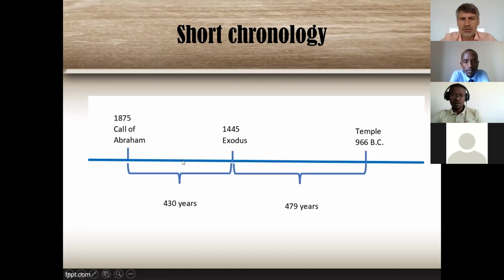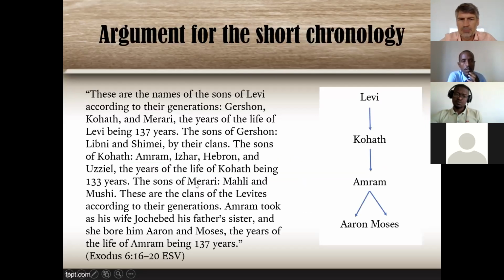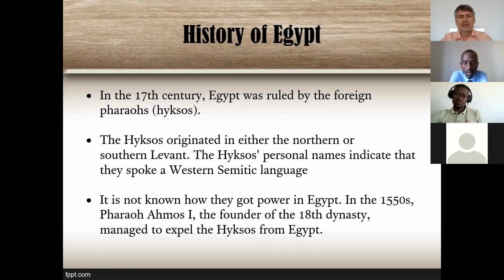So the 17th century is approximately, if we deduct 215 years from this, 1650 or about 60. And this is the time when Jacob and his family came down to Egypt. This is exactly the 17th century.